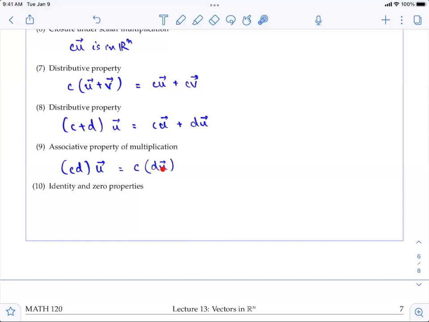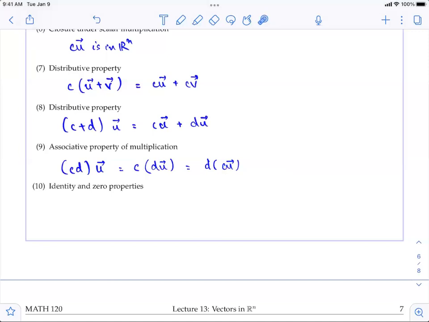So apply the scalar D on u first, and then on the resulting vector, you apply another scalar C. Or you can apply the scalar C first on u, and then apply another scalar on the resulting vector.